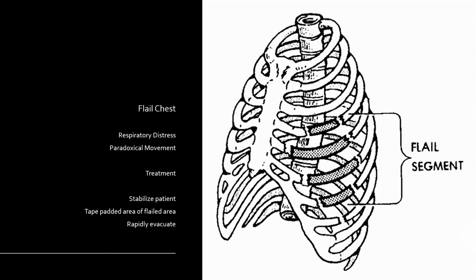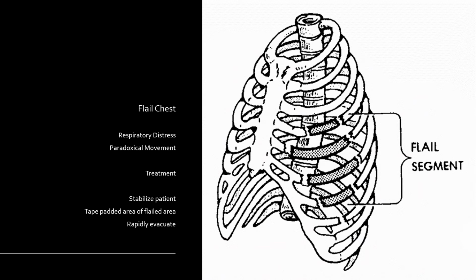So our best form of treatment is going to be to stabilize this patient in that position of comfort. You can take some clothing, some padding, and put that underneath that flailed segment. You can put that patient laying on their side of that injury with that padding there, and you're going to apply a little bit of pressure with your hand to that flailed area.